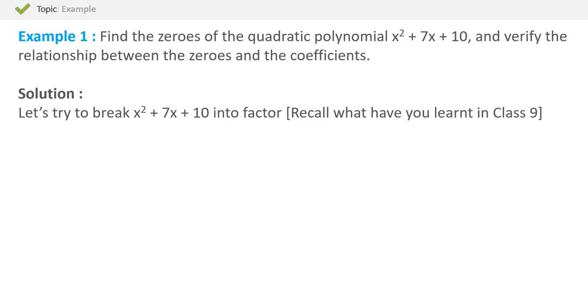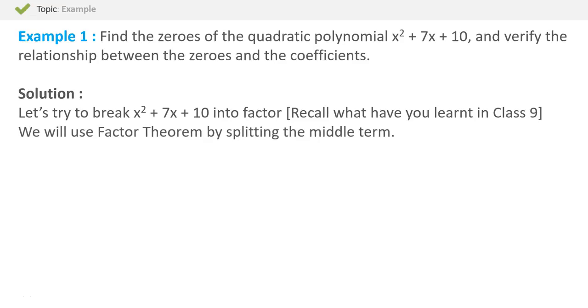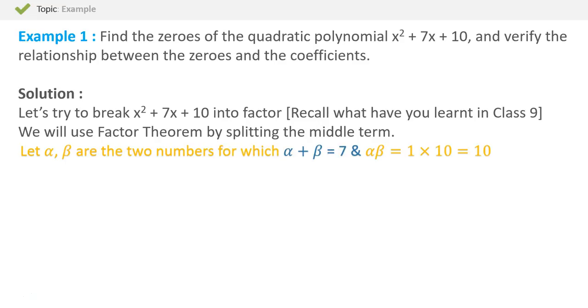And if you recall, what you learned in class 9th for polynomials is the factor theorem. That's what we are going to use here. So we'll use the factor theorem by splitting the middle term. And in order to do this, let's assume alpha, beta are the two numbers for which alpha plus beta is equal to 7, and alpha into beta is equal to 1 multiplied by 10, and hence 10.